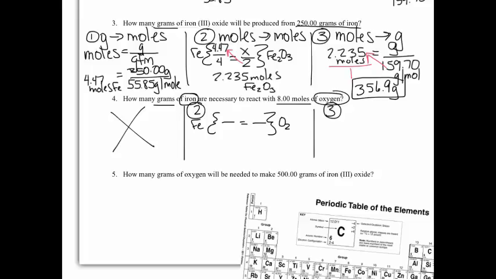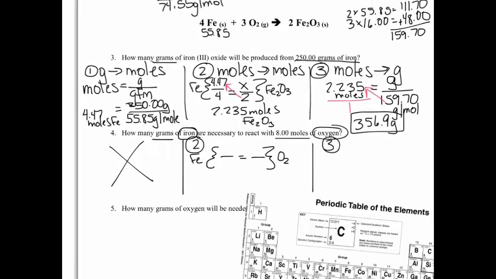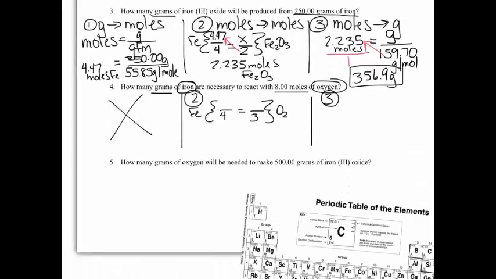We're going to put the coefficients from the equation, so I'm going to pull this down a second. Iron, the coefficient is 4, oxygen is 3. So 4 here, 3 here. And then in our question, we didn't have 3 moles of oxygen, we have 8. So that 8 is going to go up there, and we're going to look for moles of iron.